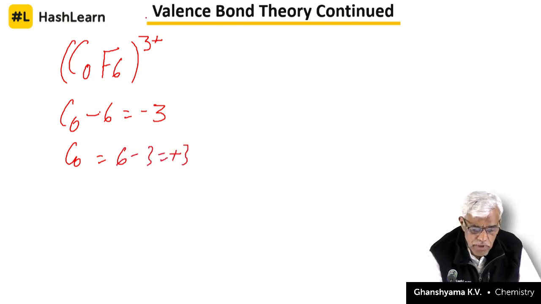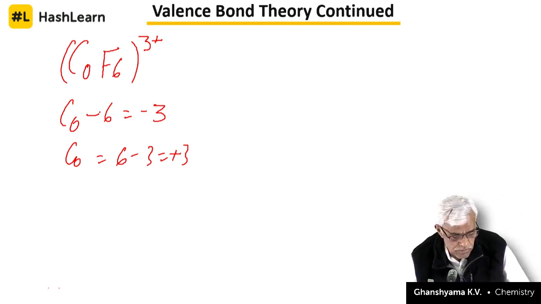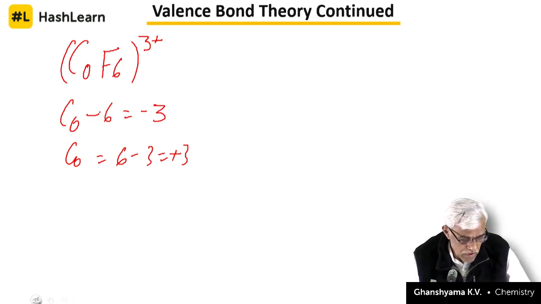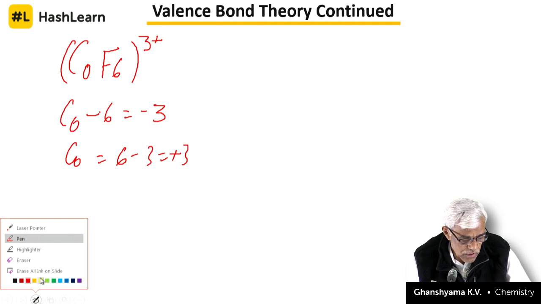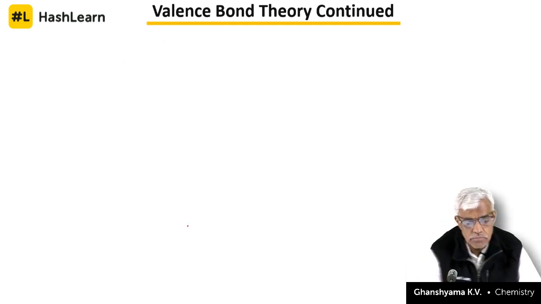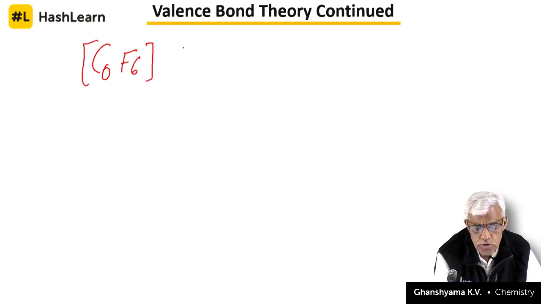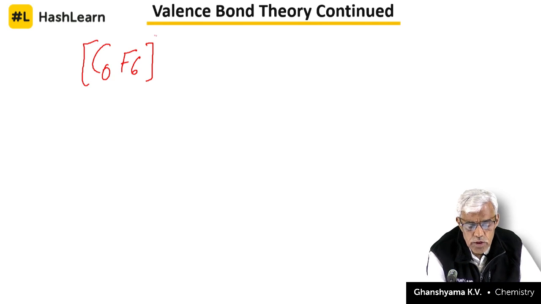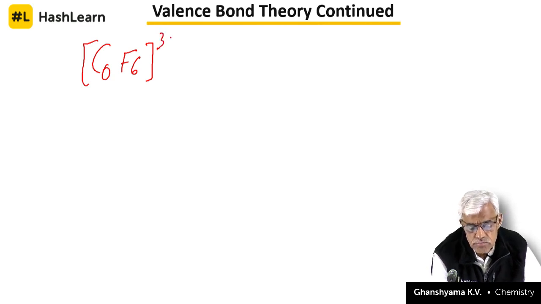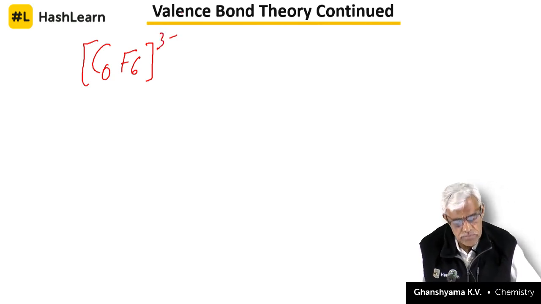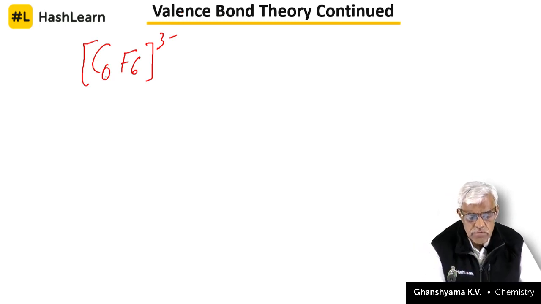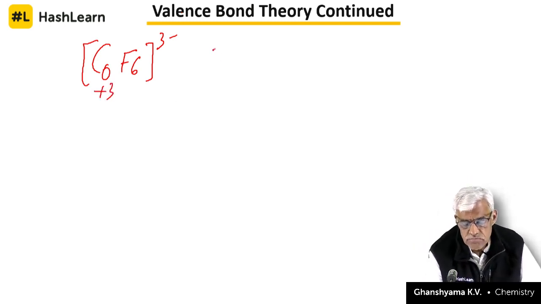So it is [CoF6]3-. Consider another complex of cobalt where fluorido is the ligand. Again, it is in +3 state.